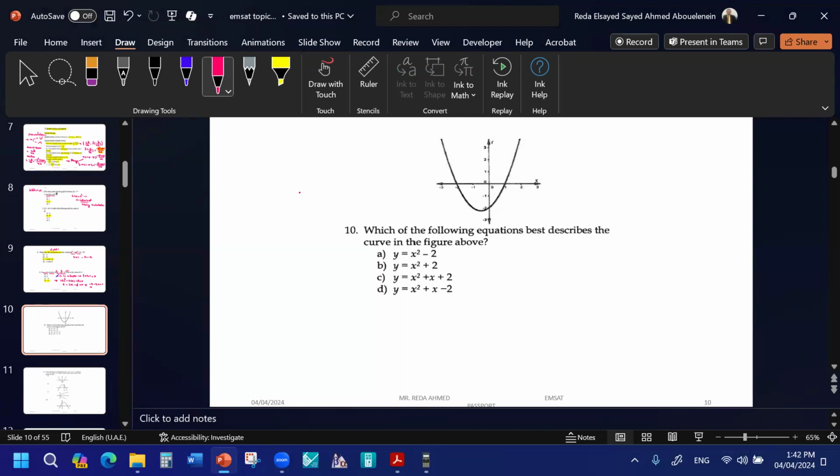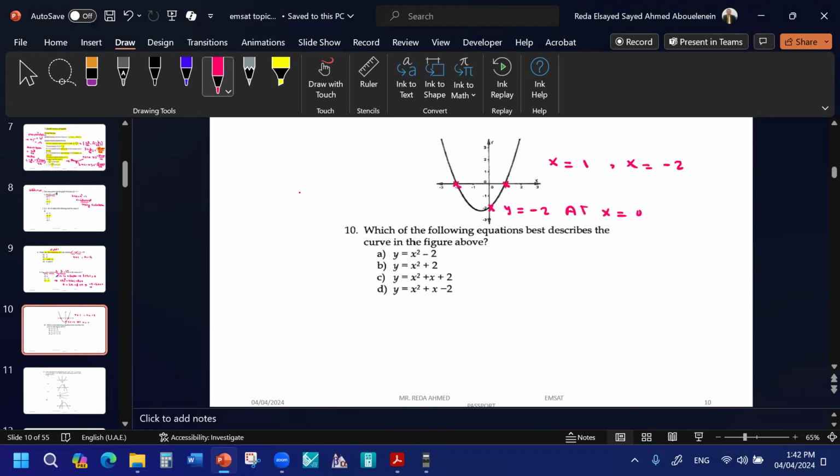The figure above, these are the zeros: x equals 1 and x equals -2. I also find the y-intercept, y equals -2, at x equals 0.